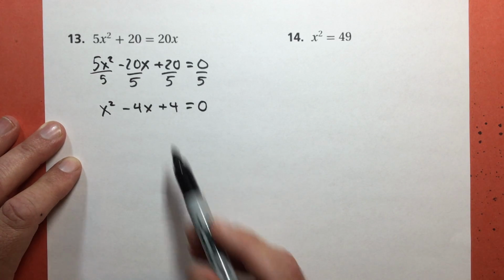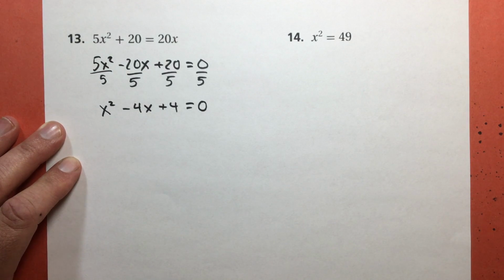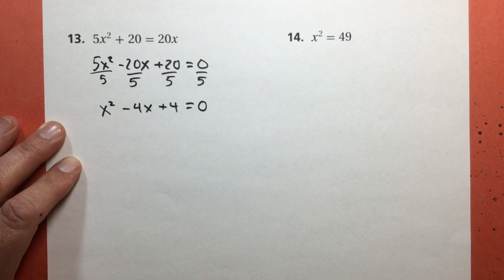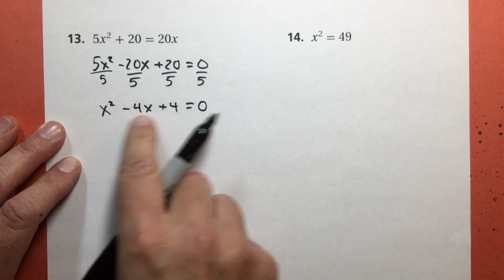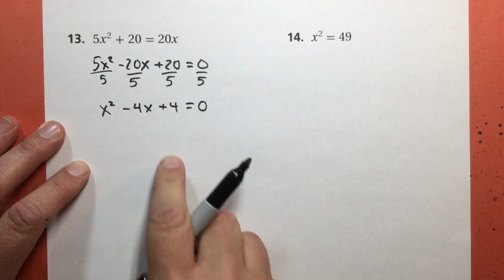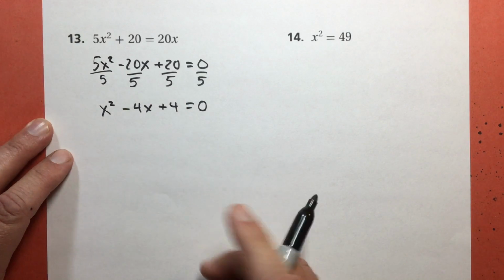This is a little bit easier to do than if I tried to go off with the other one. Now, if I use a diamond method for this, it would have been fine, and I would have got the same answers. However, this is just going to be easier to factor. As a matter of fact, now that I've done this, I recognize that this is a perfect square trinomial.